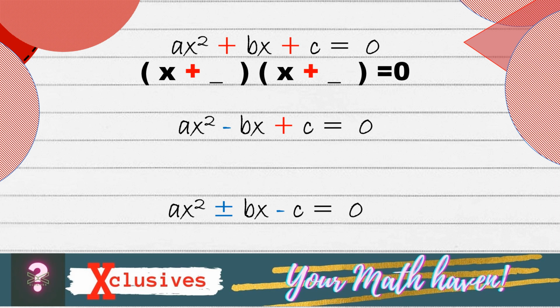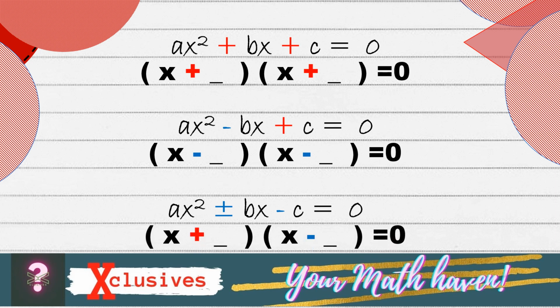Our second pattern is if our b is negative and our c is positive, so the pattern is x minus and x minus. Our third pattern is if our b is either positive or negative, but our c is negative, so the pattern is x plus and x minus, or it can be interchanged: x minus and x plus.